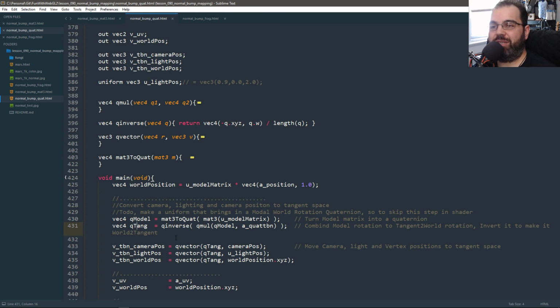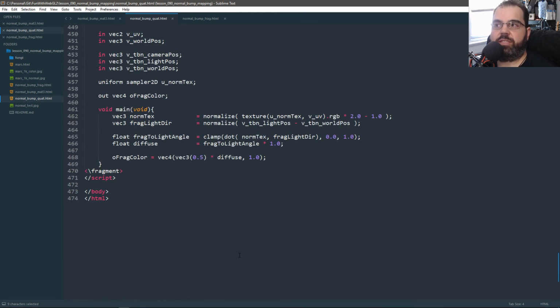and that gives us our world tangent space rotation transformation. And we have to use a function to do the rotation, so we can't just say tangent times position, because they're both just vec3s and vec4s. So we have to use a function, and like I said, we use that world rotation of tangent space on our 3 positions, and then our fragment shader is the same.